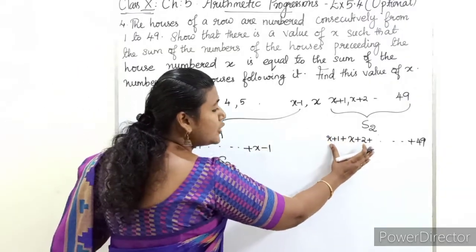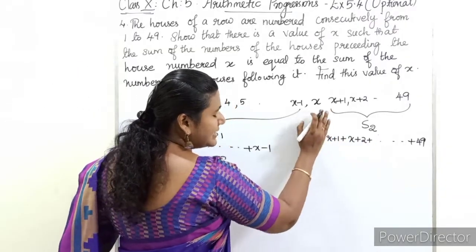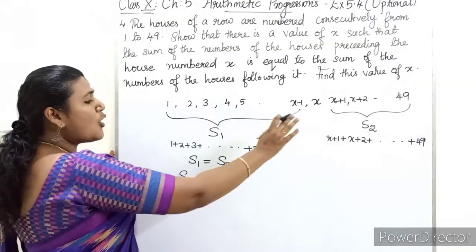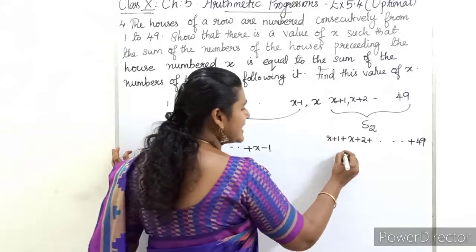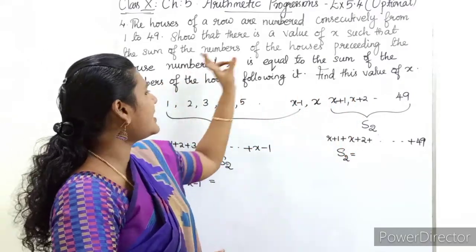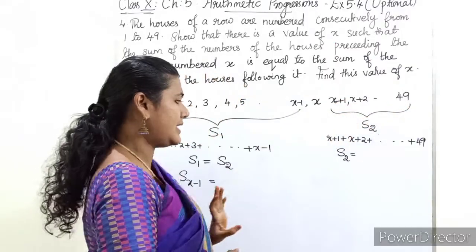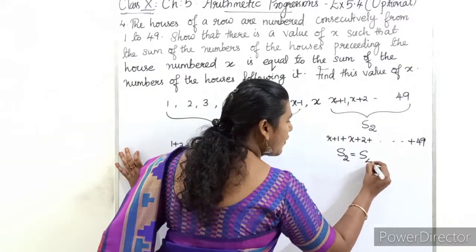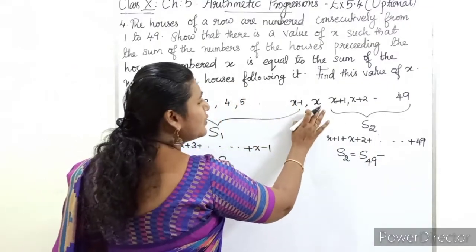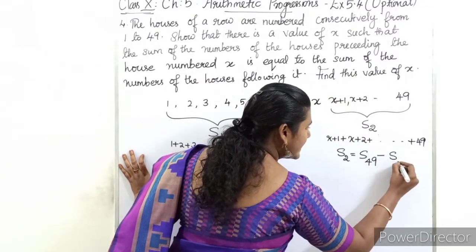And how will you denote this sum? Actually this is the sum from x plus 1 to 49. How are you going to express this S2? We will rewrite S2 as the sum of the numbers from 1 to 49, that is S49, minus the sum from 1 to x, that is Sx.